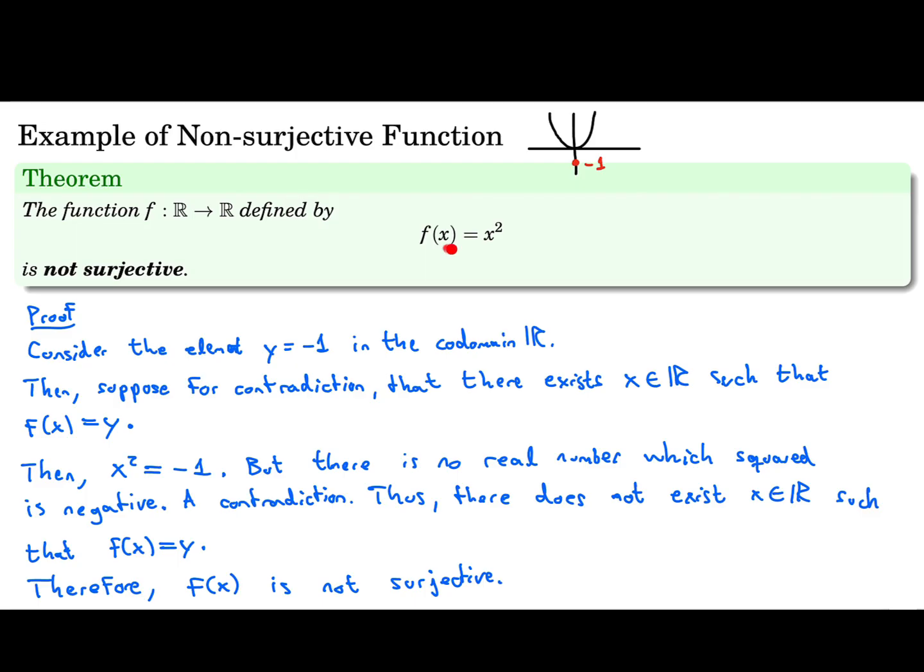If you have the same formula but with different domains and codomains, they're actually different functions, and they might be surjective or injective or any other property. So always be very precise about what you mean by the function. But for this function here, with domain real numbers and codomain real numbers, if you take f of x equal to x squared, this is not surjective.